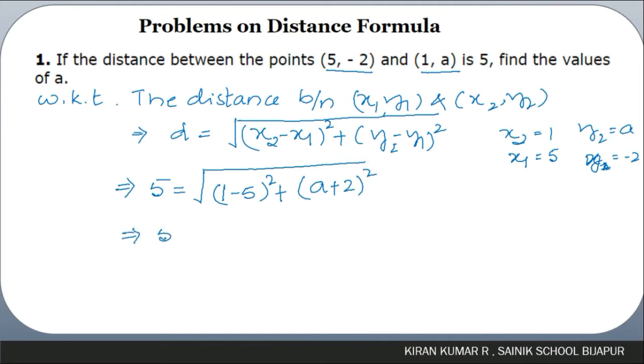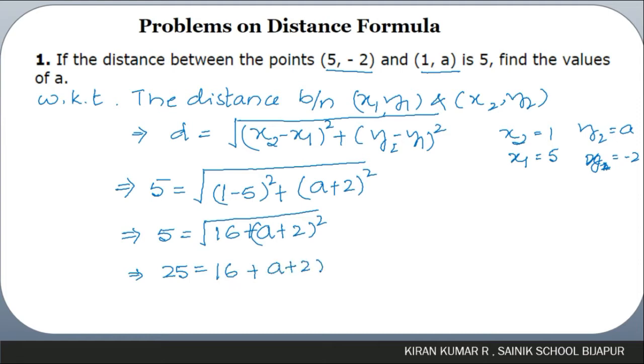This implies 5 equal to root of, this is negative 4 squared, which is 16, plus a plus 2 whole square. If you square on both the sides, we get 25 equal to 16 plus a plus 2 the whole square.